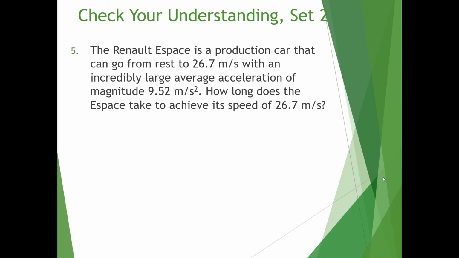The Renault Espace is a production car that can go from rest to 26.7 meters per second with an incredibly large average acceleration of magnitude 9.52 meters per second squared. How long does the Espace take to achieve its speed of 26.7 meters per second? So in this case, they want us to solve for time. So we need the equation that we rearranged to solve for time earlier.